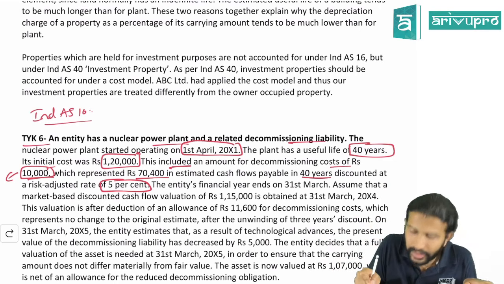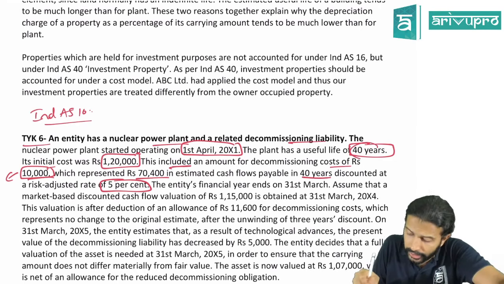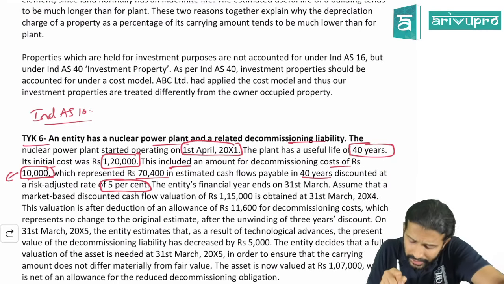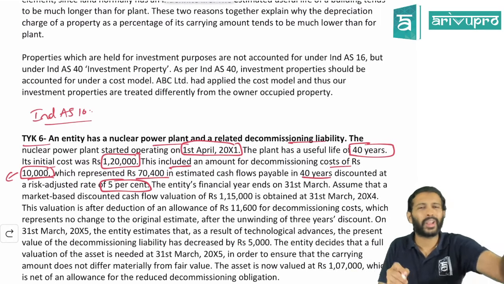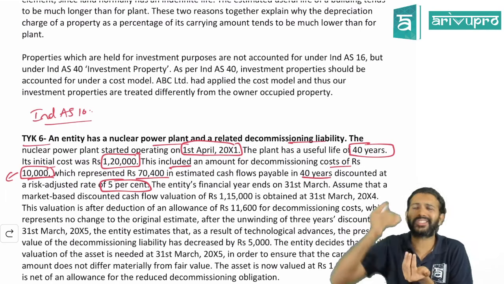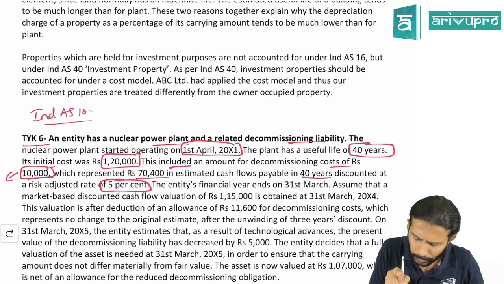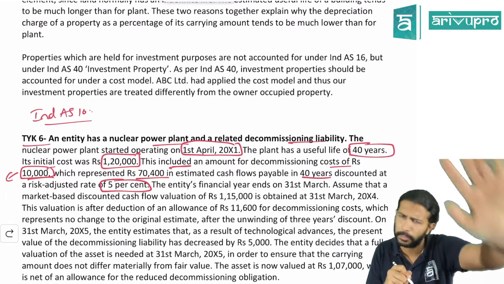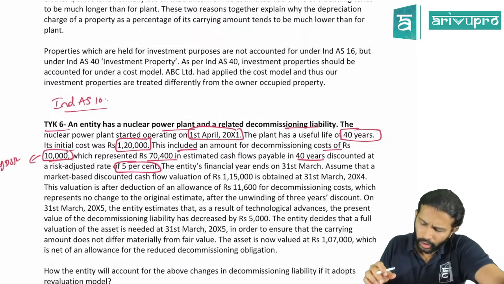Yes. So when the useful life of the plant is reached, that is 40 years. At the end of 40 years, you need to incur a decommissioning DSR cost of 7,400. We can't add 7,400 to our property, plant and equipment now because 7,400 is the future value. So they found out the present value of that. Okay. And they're saying that is 10,000 rupees and it's already added. Perfect.